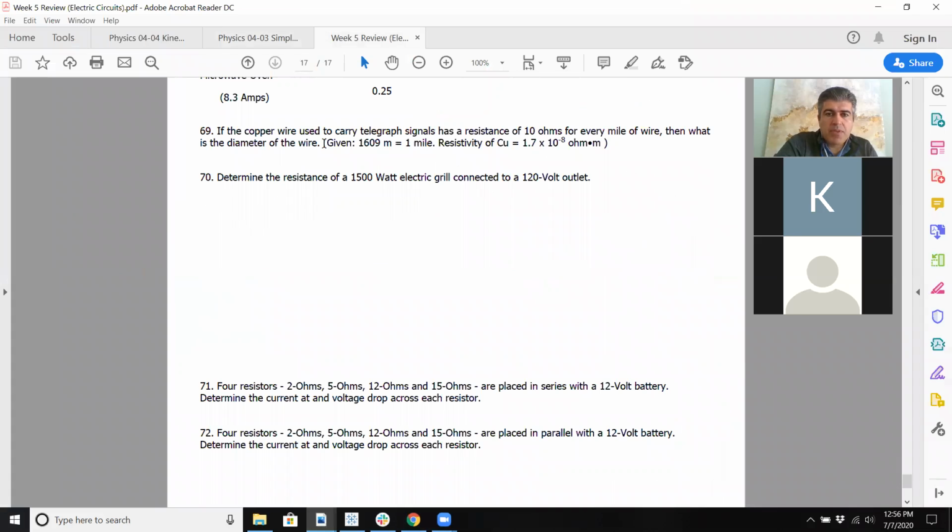So if the copper wire used to carry telegraph signals has resistance 10 ohms for every mile of wire, what was the diameter of the wire? Okay, you know copper, that's Cu, and that's 1.7 times 10 to the negative 8th ohm times meters. So remember the formula is this.